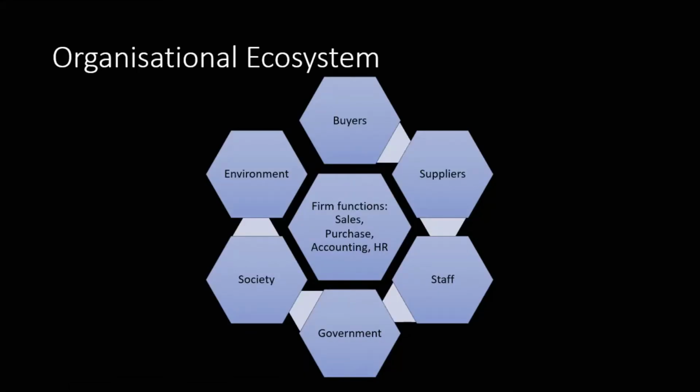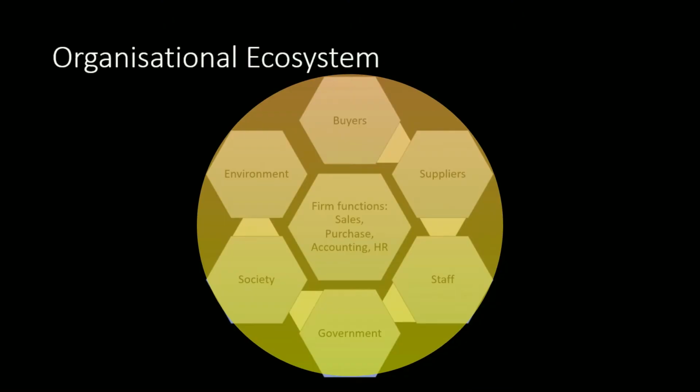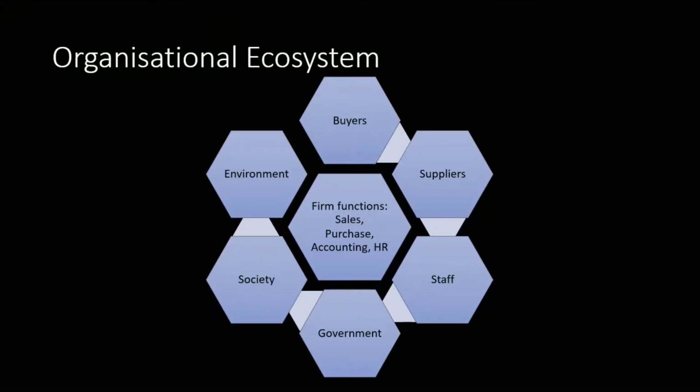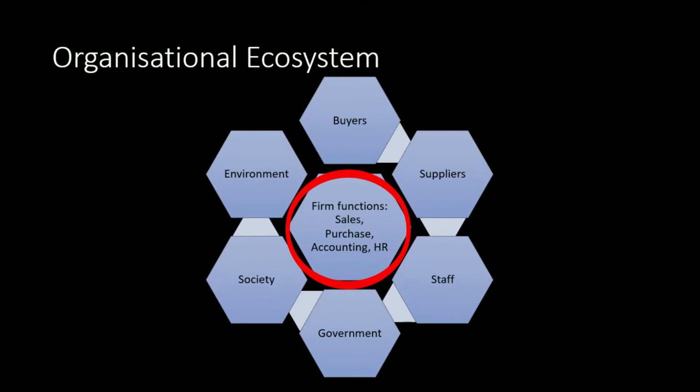When we look at an organization, it has an ecosystem. It has its functional areas like sales, purchase, accounting, human resources.